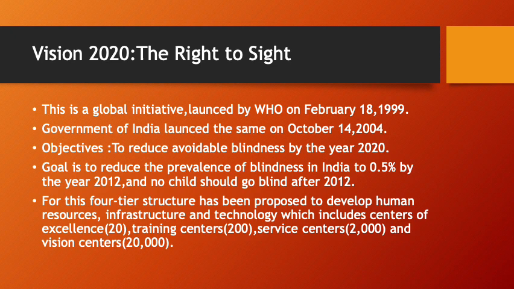For this, a four-tier structure was developed to develop the human resources, infrastructure, and technology, which included 20 centers of excellence, 200 training centers, 2,000 service centers, and 20,000 vision centers.